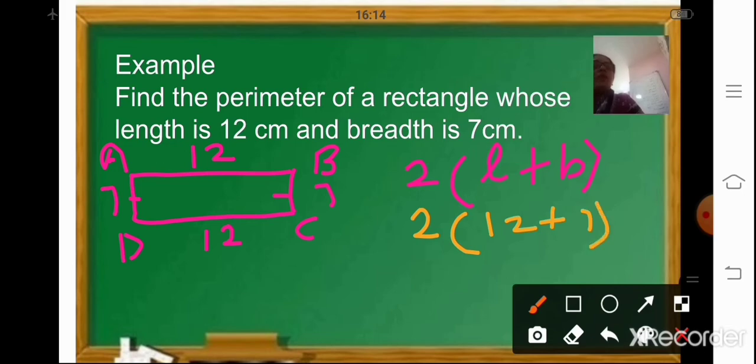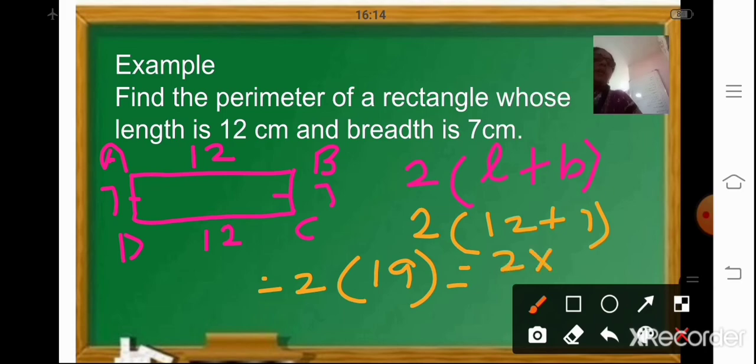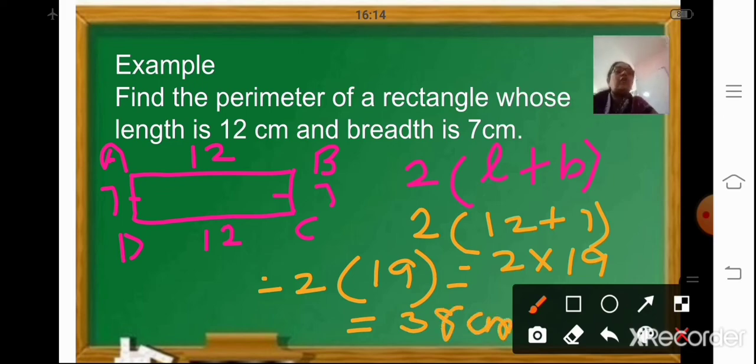When we add 12 plus 7, that will be 2 into 19. Now bracket means you will have to multiply. That is 2 multiplied by 19, that will be 38 centimeter. So using this formula, you can easily find the perimeter of a rectangle.